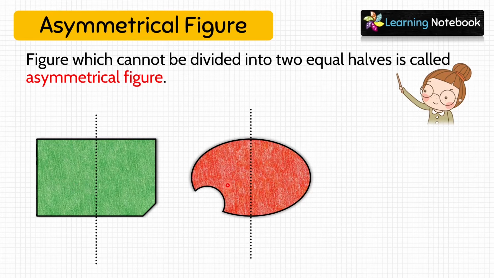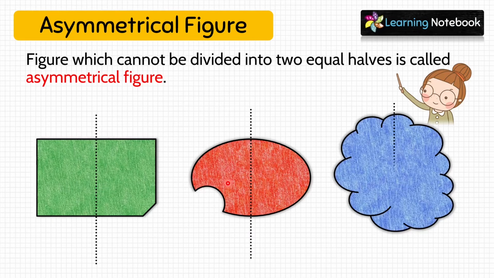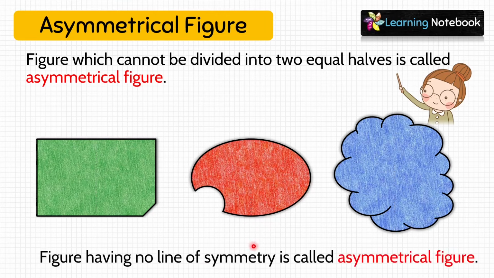It also cannot be divided into two equal halves. And same for this figure. So all these three figures are asymmetrical figure. Here students, we have no line of symmetry as well. So we can also say that figure having no line of symmetry is called asymmetrical figure.